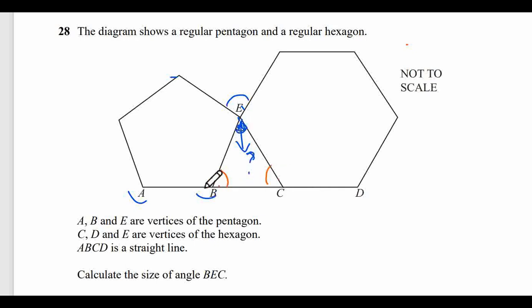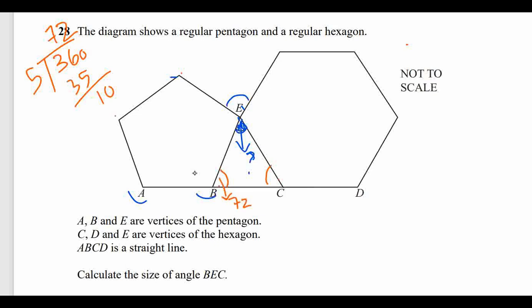So let's find them. This is the exterior angle of a pentagon. We know the sum of exterior angles of any polygon is 360. This is 1, 2, 3, 4, 5 sides, so 360 divided by 5 is 72. So the exterior angle for the pentagon is 72.